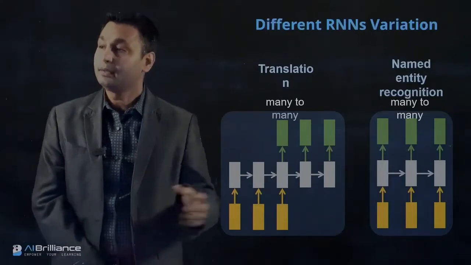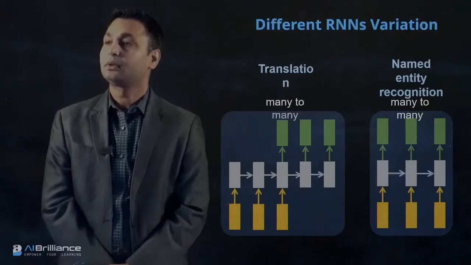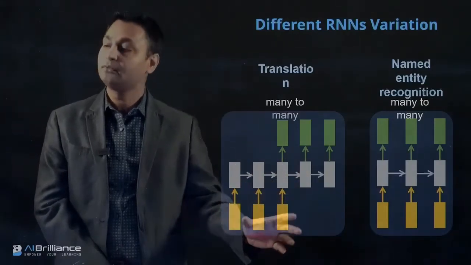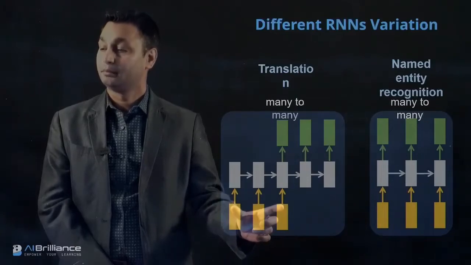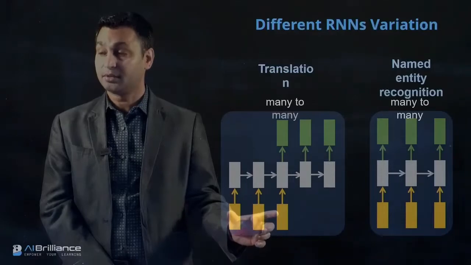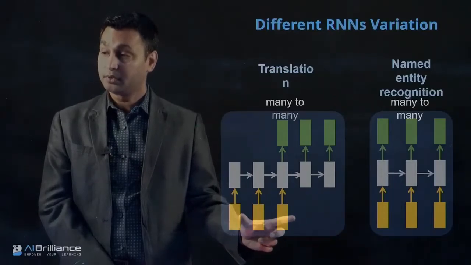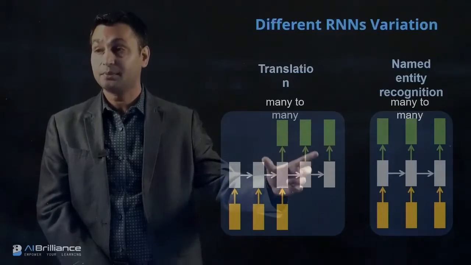Then there is another class of RNNs that could be used here, which is many-to-many mappings. So the number of inputs is many and the number of outputs is many. You are doing machine translation where the inputs of words in Chinese or Hindi might be of different length and the output in English or Spanish might be of different length.